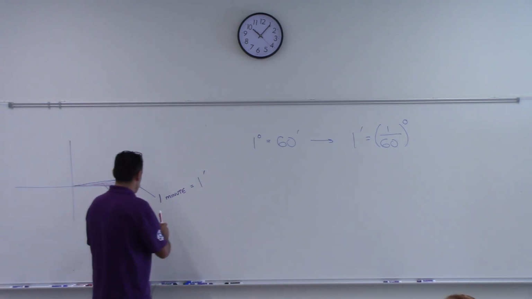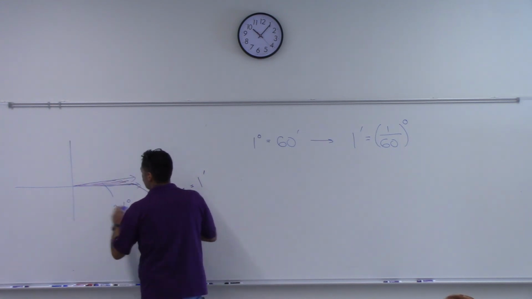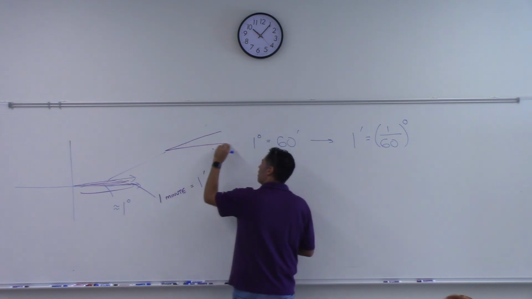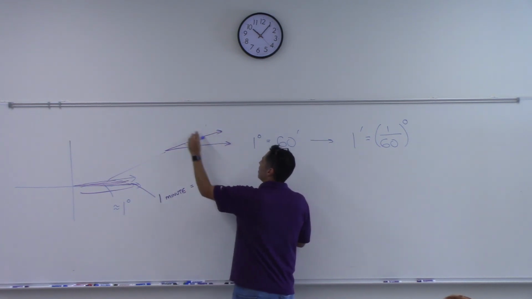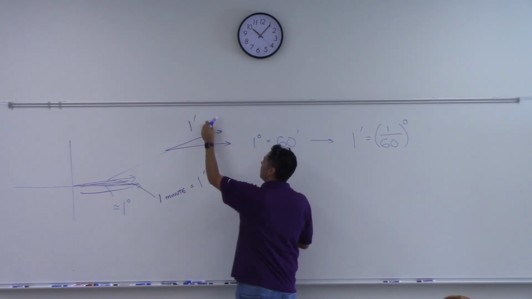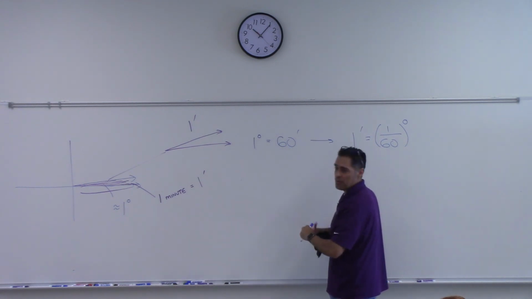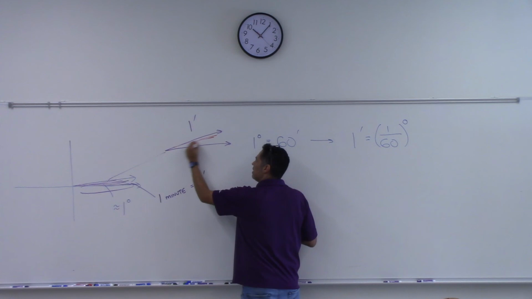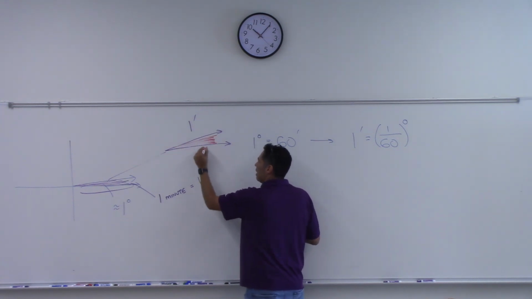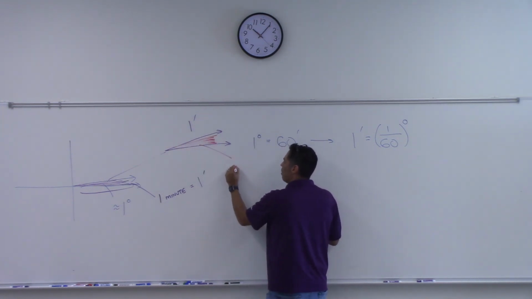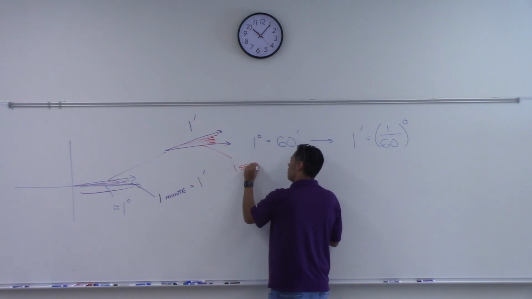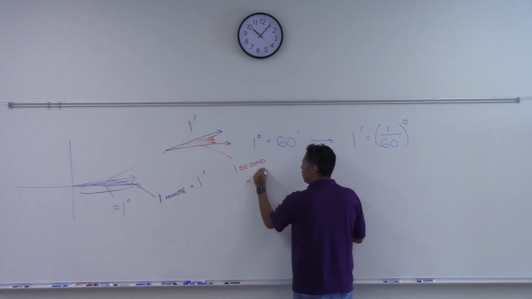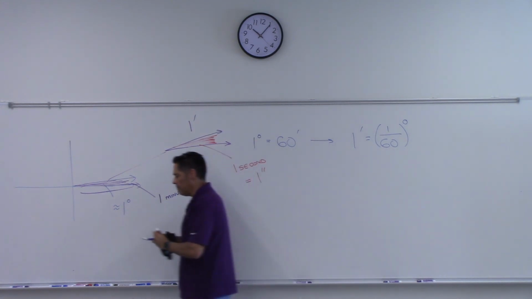We have to imagine that we zoom in on one of these minutes, and now I'm cutting this into 60 equal pieces, and each one of those is called 1 second. The way we denote that is 1 with a double prime on the side.